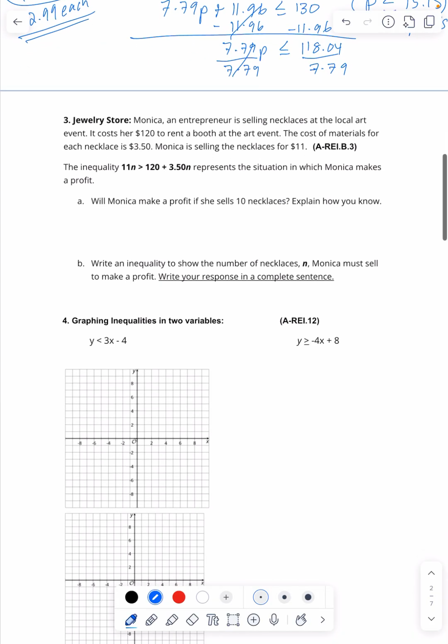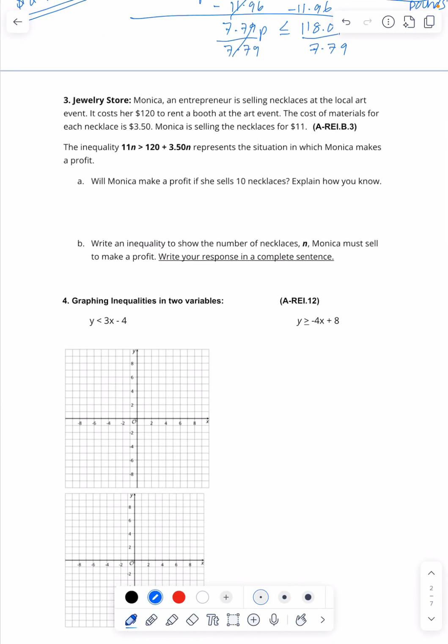Question number 3 now says, Monica, an entrepreneur, is selling necklaces at the local event. It says it costs her $100 to rent a booth. So that's one of her expenses. The cost of the materials for each necklace is $3.50.